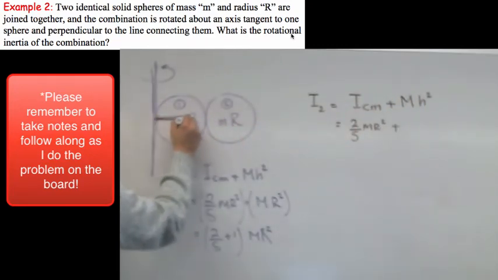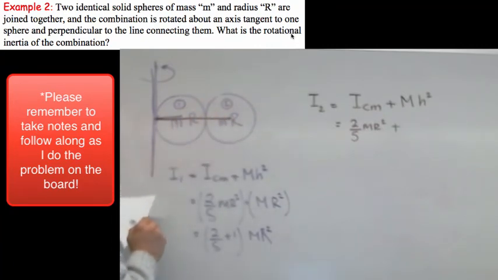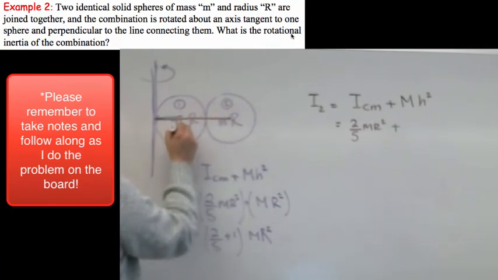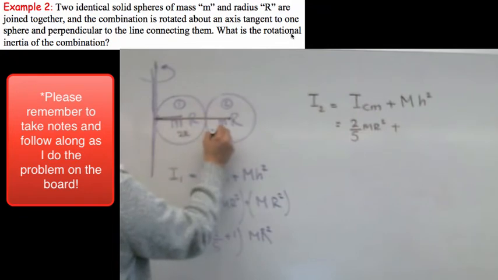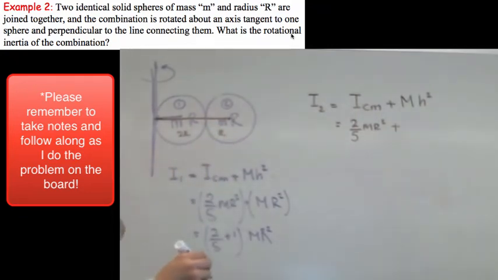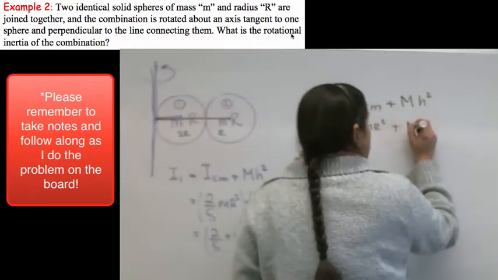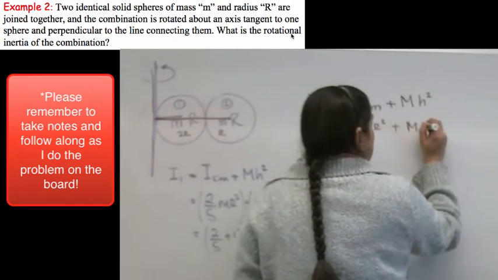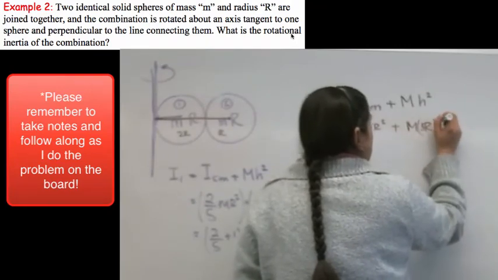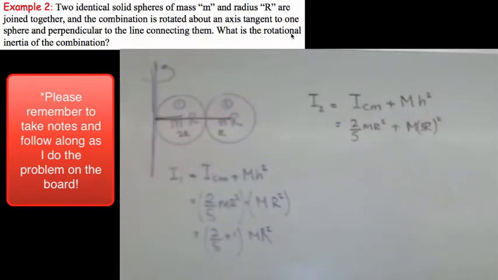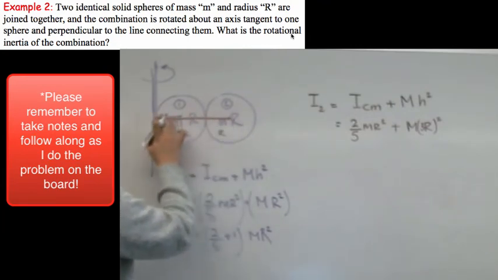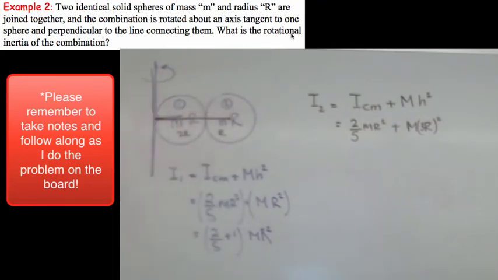Well, this h is going to be that far away. So it means it's going to be 2r for this one and 1r for that one. So this implies it's going to be m times 3r squared. Does that make sense of how the axis changes between these two spheres?